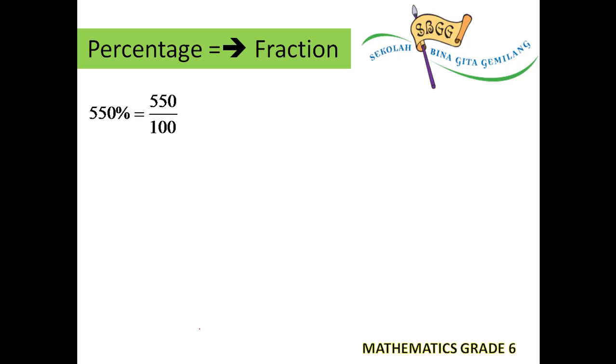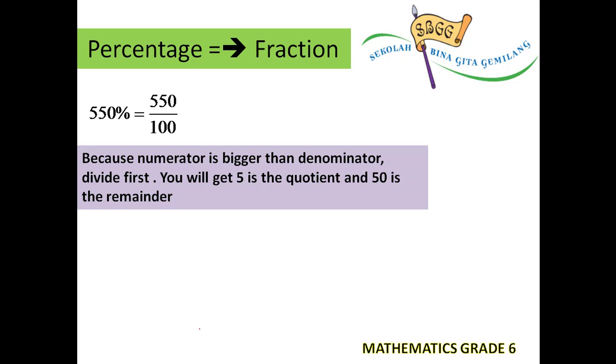What's the next step? Remember that the numerator is 550 and the denominator is 100. You can see that the numerator, 550, is bigger than 100. So what must you do?